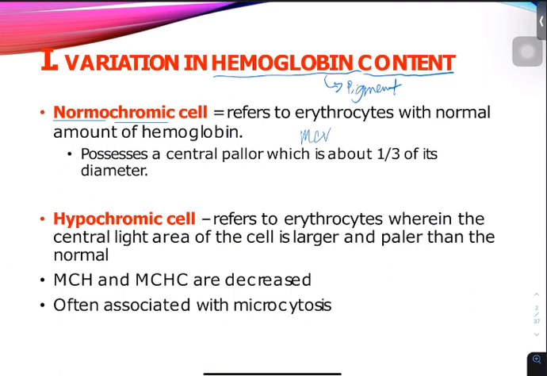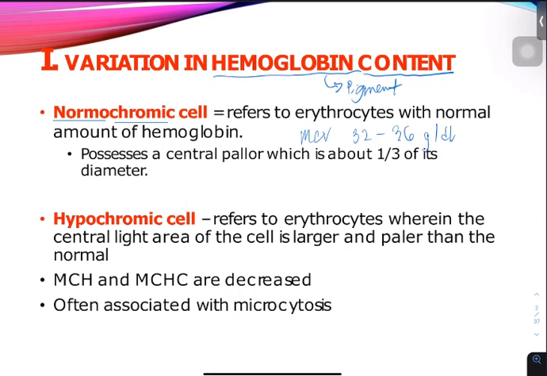The reference range is 32 to 36 gram per deciliter. So your MCV is 32 to 36 gram per deciliter. That is the normal amount.